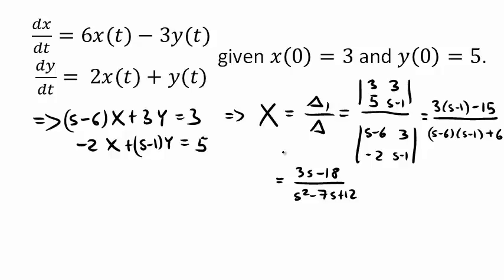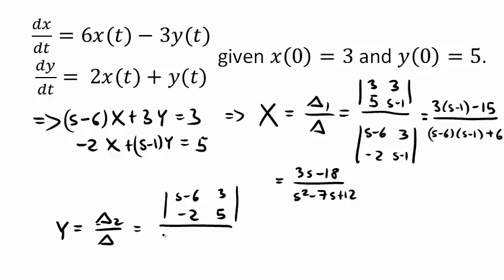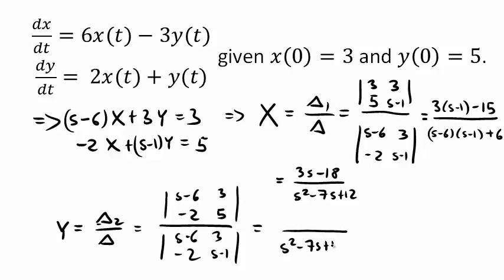Now I'm going to do the same thing for Y. I might just write it down here. So that's delta 2 over delta. So delta 2 is the determinant of, well, we would keep the coefficients for X, s minus 6 and negative 2, and we place the right-hand side coefficients in there instead of the Y coefficients, and divide this by the same matrix, same determinant as we had before for X. So what we get, of course, is the same down here because we haven't changed anything there.